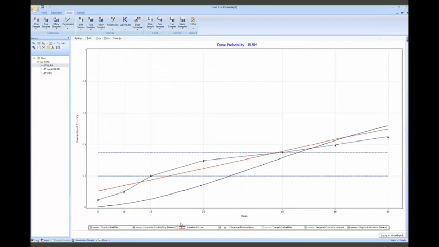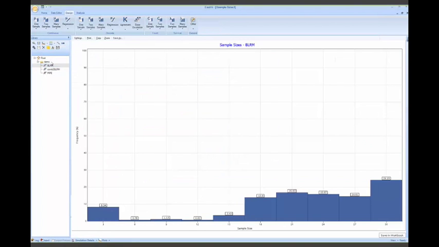So this is just to give you an idea of how well your true probability, so this is the blue line here, is traced by the posterior distribution in this particular case. And you'll also have displays about the sample sizes that were used at each cohort, and then these interval probabilities by dose that I mentioned.